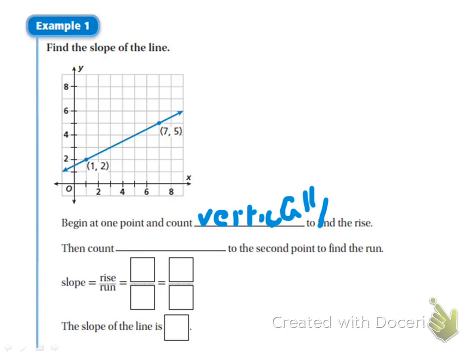Then count horizontally to the second point to find the run.